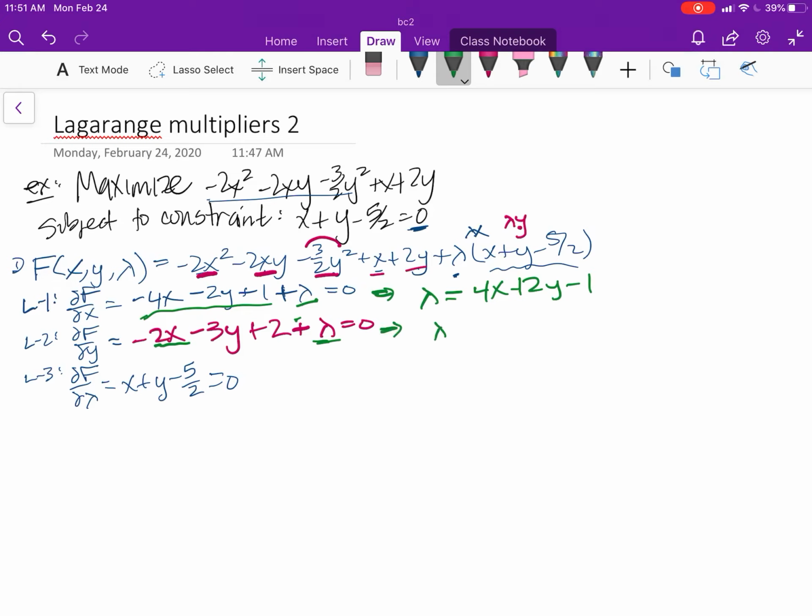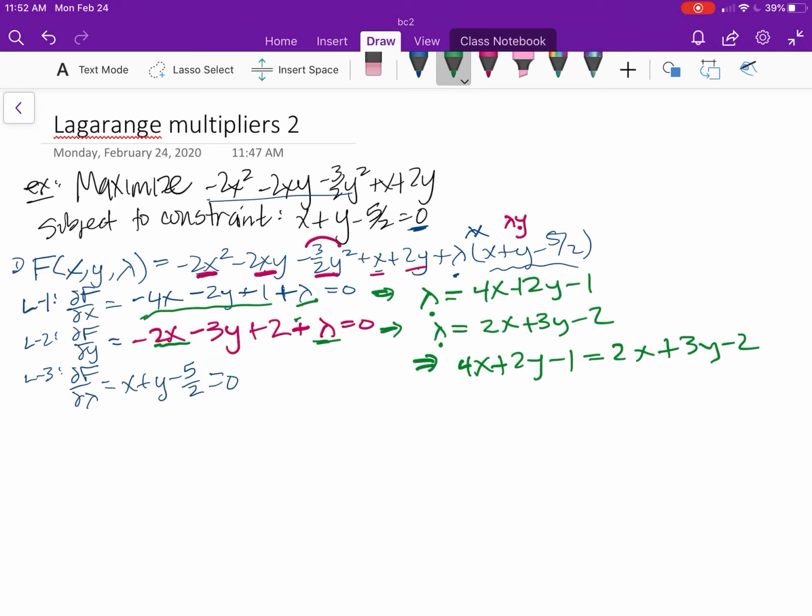Solving for lambda here, we get 2x minus 3y, plus 3y, right, switch the sign, negative 2, lambda equals lambda, right, these equal each other. So that means then that 4x plus 2y minus 1 equals 2x plus 3y minus 2. Solve for either of these variables.